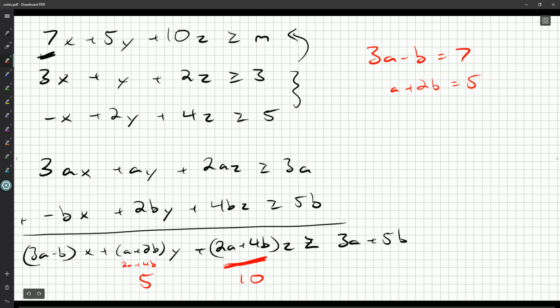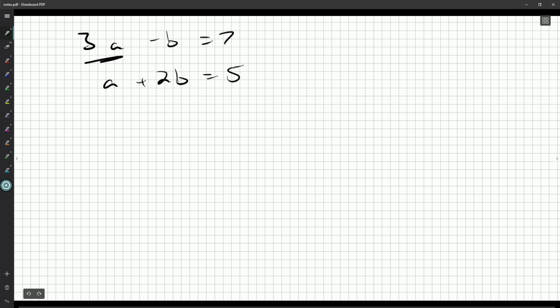You can play around with it if you want, but it's always a better idea to have something planned for what you're going to do. I've got 3 a's up here, so what happens if I multiply the bottom equation by 3?